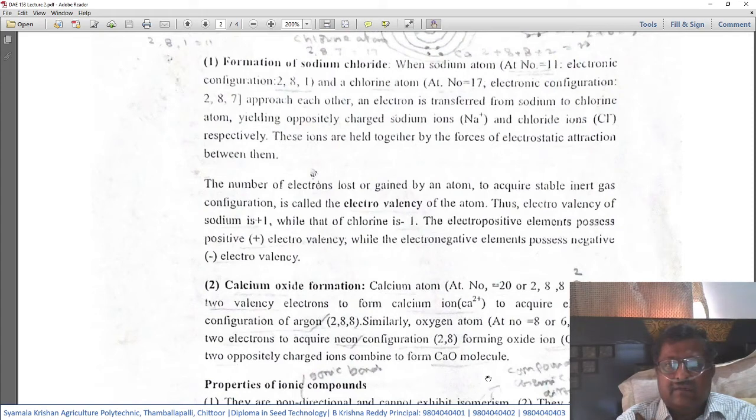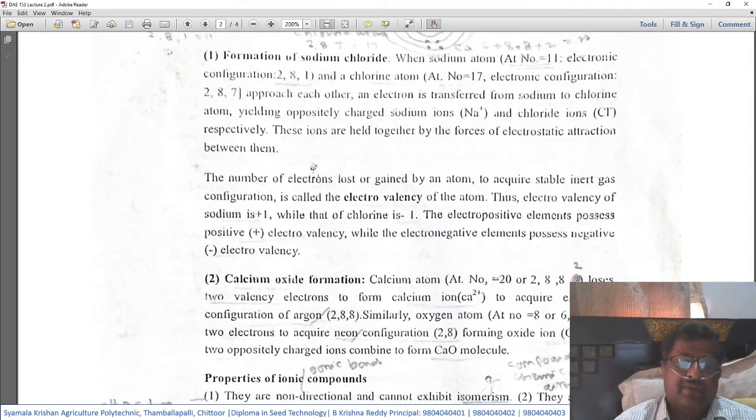The electropositive elements possess positive electrovalency, while the electronegative elements possess the negative electrovalency.